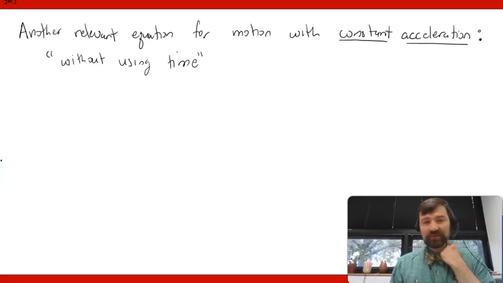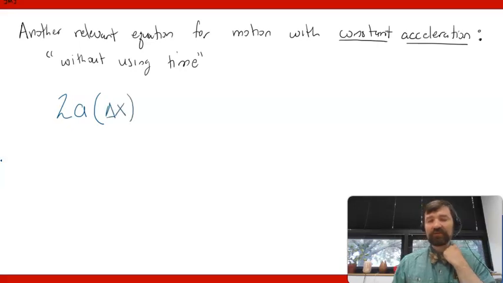What this one says is that 2 times the magnitude of the acceleration times the distance traveled, which could be a delta x or an x final minus an x initial, is equal to the difference in squares between the final velocity and the initial velocity.